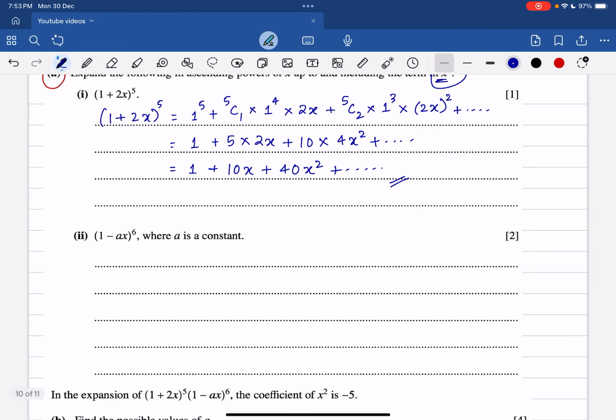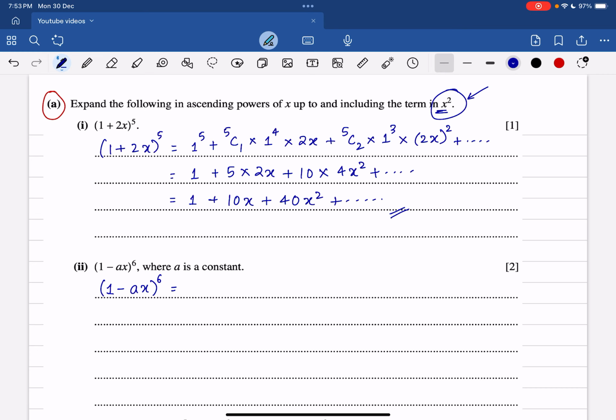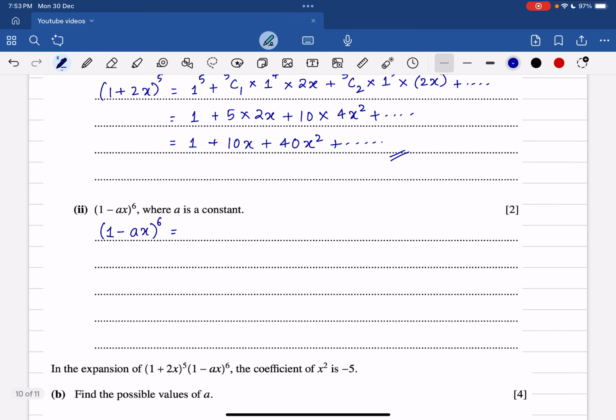Moving on. Next one says 1 minus ax the whole raised to 6. You have been asked to expand this one also up to x square. So we are going to do the same thing, just that the power is 6 this time. So 6c1 times 1 raised to 5, power decreases, and negative ax raised to 1 plus 6c2 times 1 raised to 4 times negative ax raised to 2 plus dot dot dot.